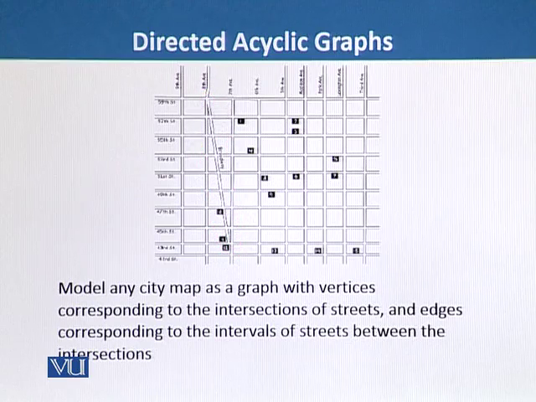So if we model any city map as a graph with vertices that correspond to the intersections of streets and edges corresponding to the intervals of streets between the intersections.